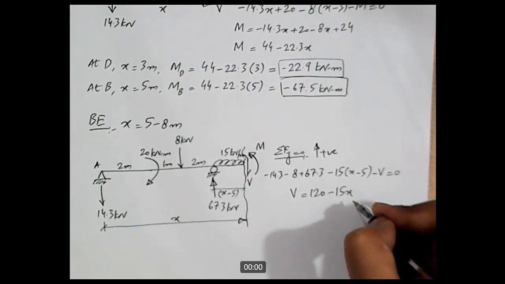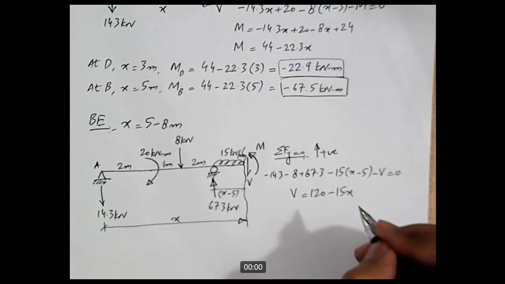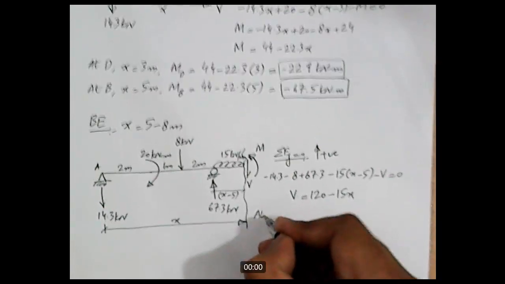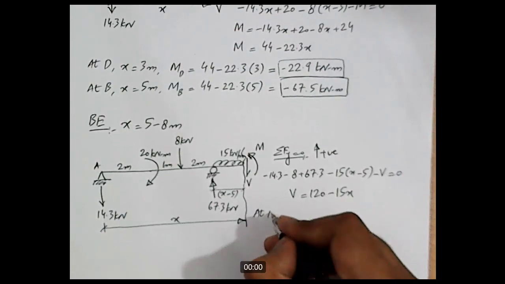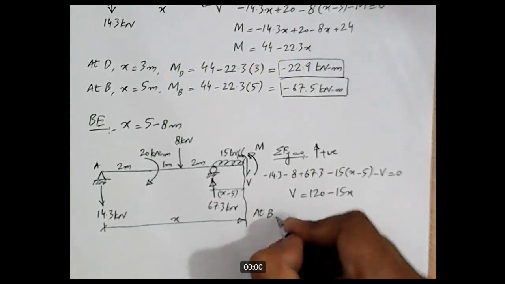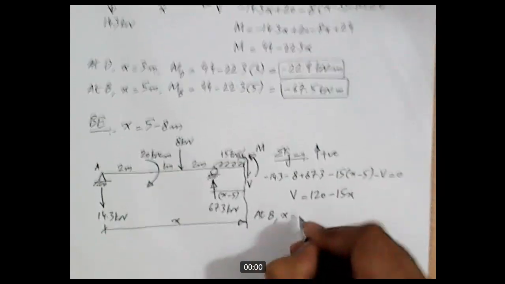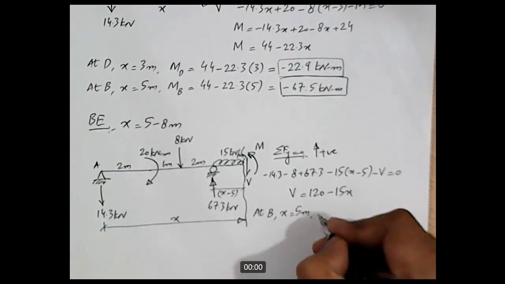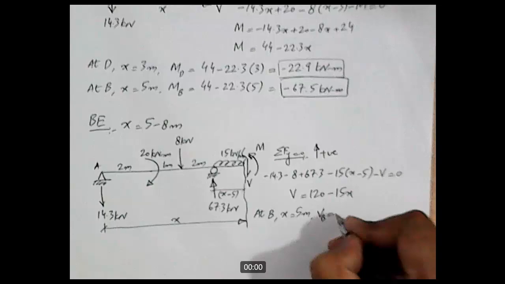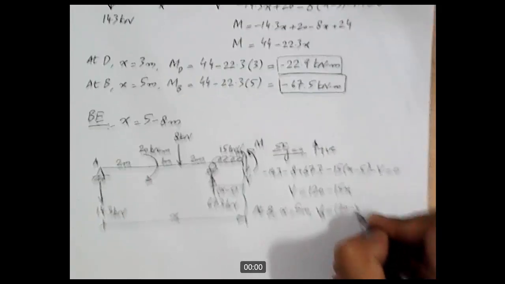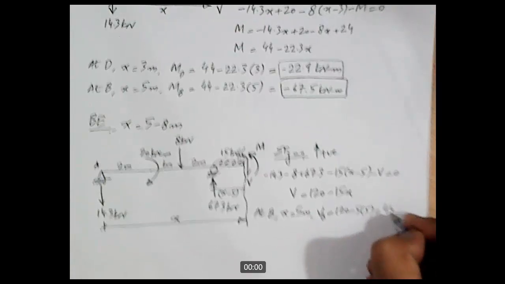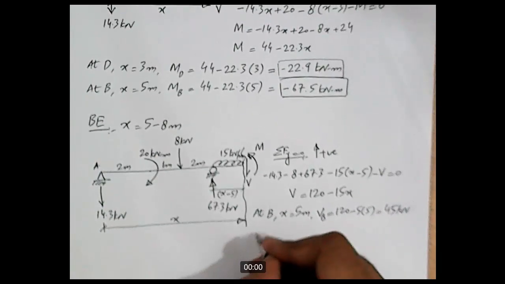Now in this equation we have variable x. It means shear will vary along the length of the portion. So we'll have to calculate this shear separately for both the points. Point B, x is equal to 5 meters. So V_B will be equal to 120 minus 15 into 5, and that is equal to 45 kilonewton.